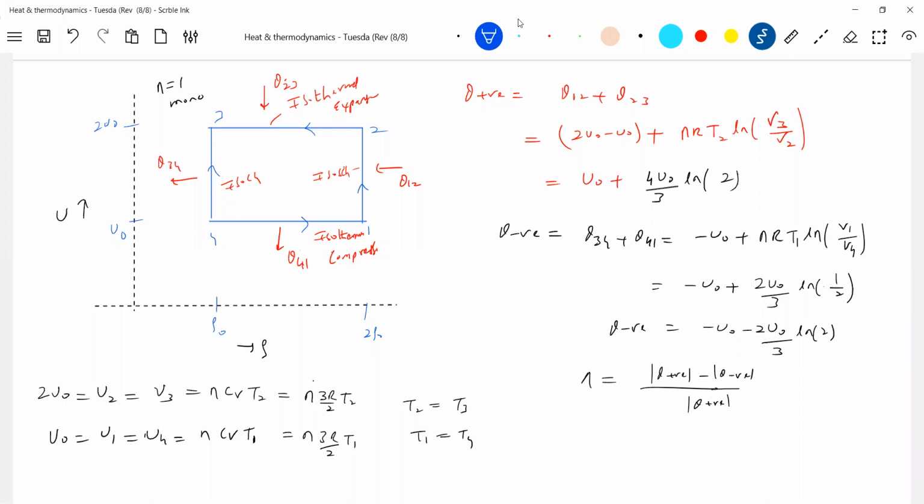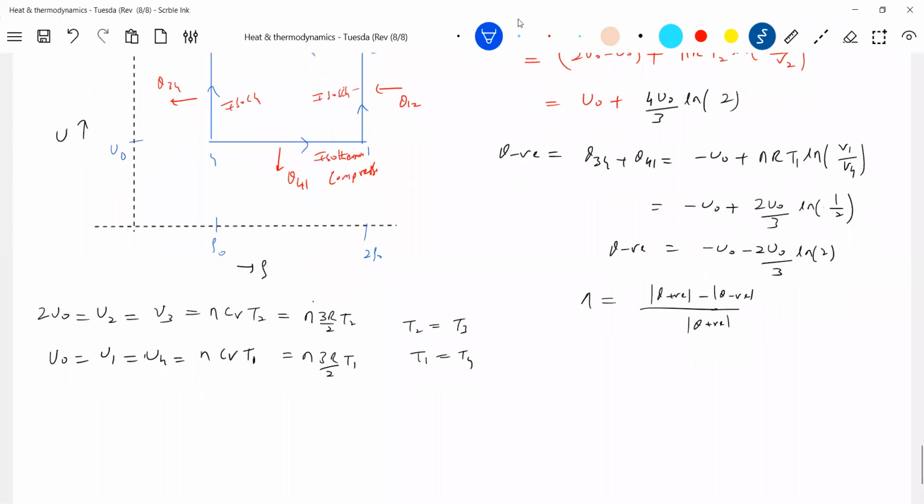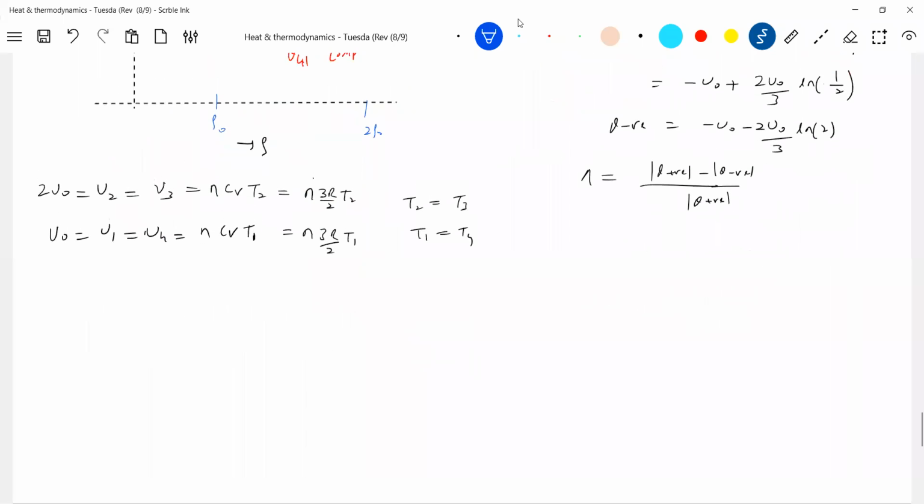So what about the pressure? How to bring pressure from this? We have the intensive quantity here, so how to bring the pressure? In terms of volume, it will be 2 V naught. I'll bring another separate diagram because we'll be messing up everything.